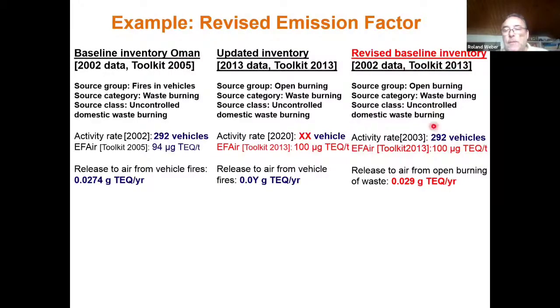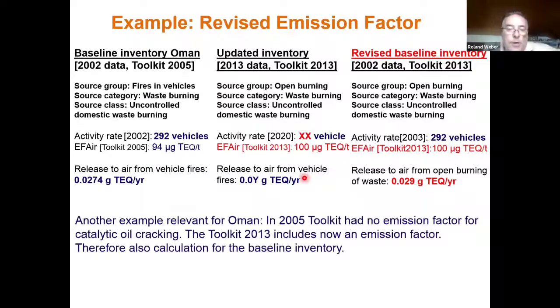The 292 vehicles in the baseline inventory, you recalculate with the 100 microgram. Now you will get 0.029 gram instead of the old inventory's 0.0274. And this you will then compare, and you will understand whether we had an increase or decrease for that source, or then for the total inventory.